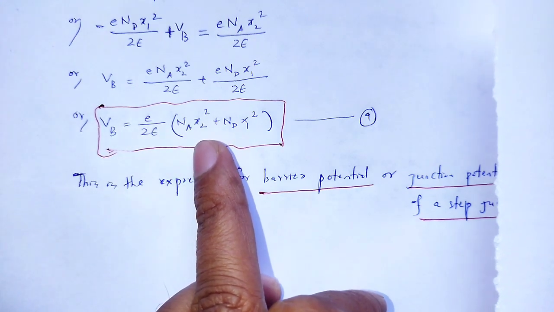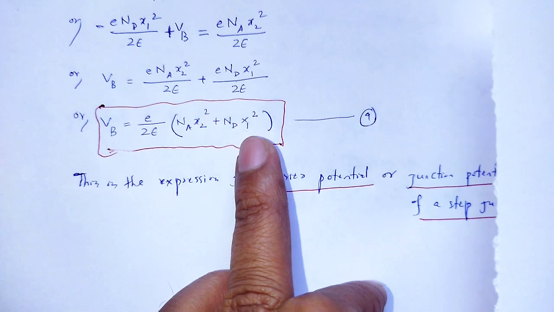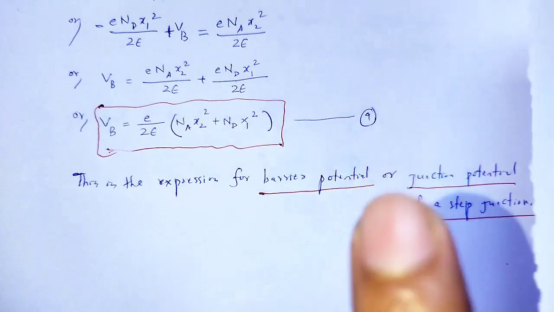Here I divide Nd x1 square and multiply Nd x1 square.